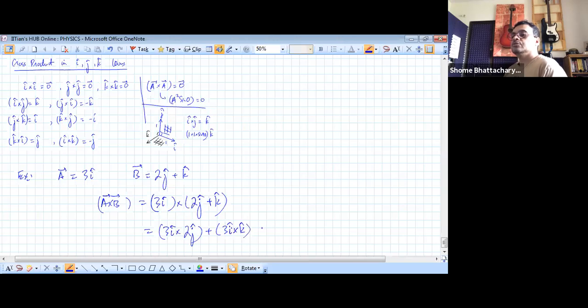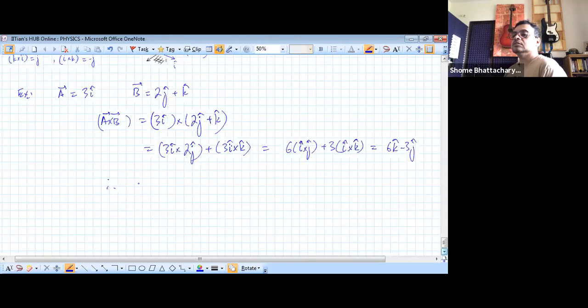Further, that becomes 6 I cross j plus 3 times I cross k. Now make use of these formulae. I cross j is nothing but k, and I cross k is nothing but minus j. So A cross B here will become 6k cap minus 3j cap.